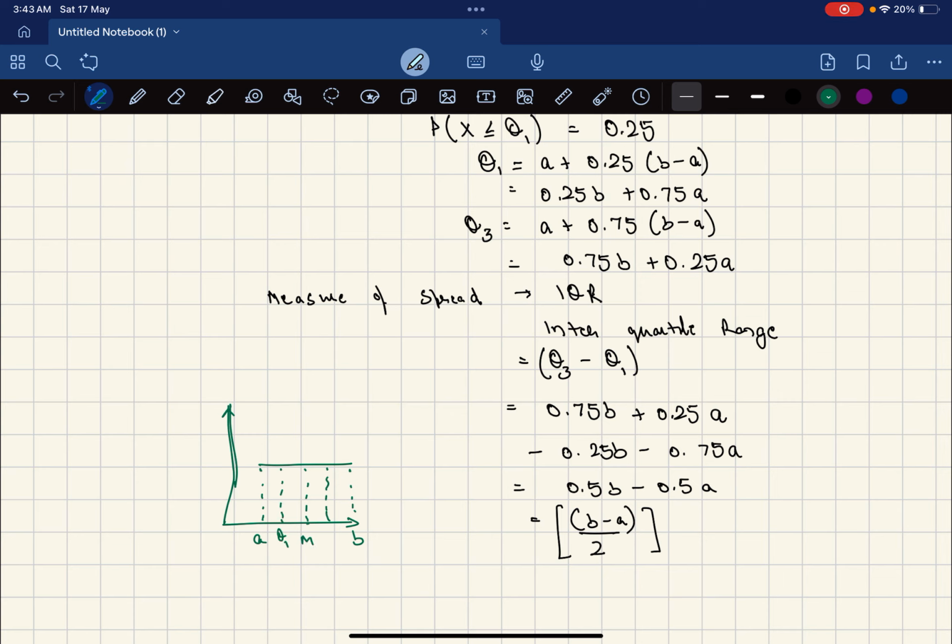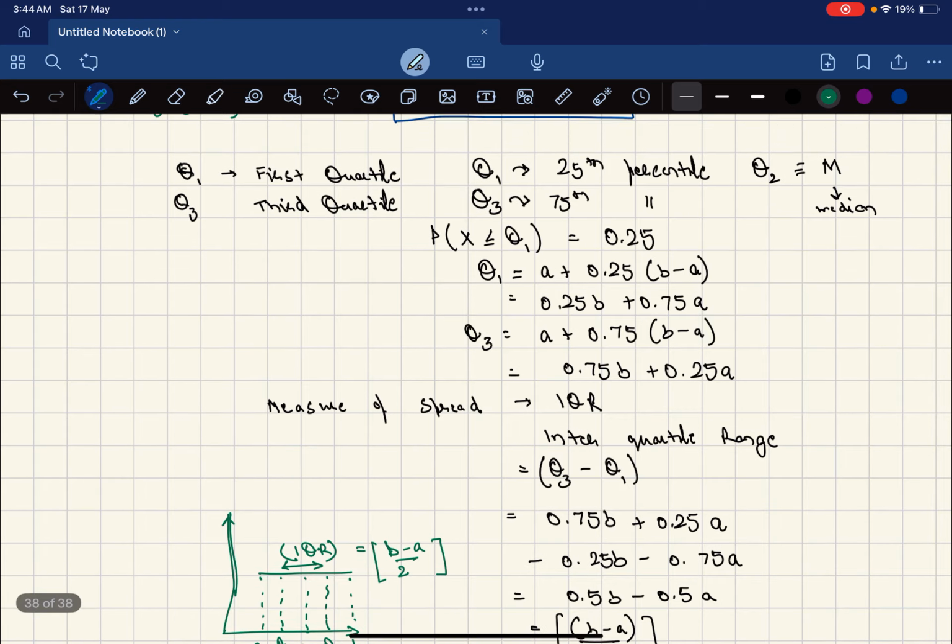Q1 is nothing but the center value of A and M, and Q3 is the center value between M and B, and the interquartile range is computed as this particular value, which, due to uniformity for this kind of distribution, is the same as half of the total range, calculated as (B minus A) upon 2. So for uniform distribution, as I said earlier, this is one of the easiest ones.